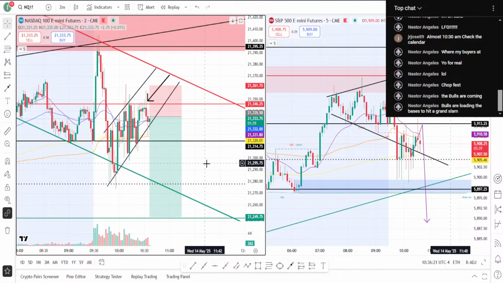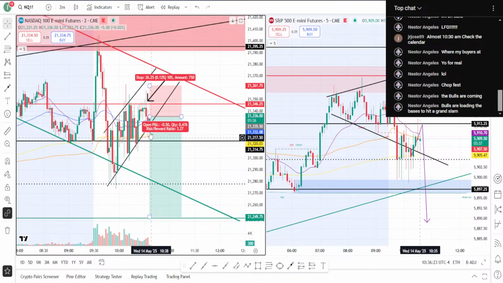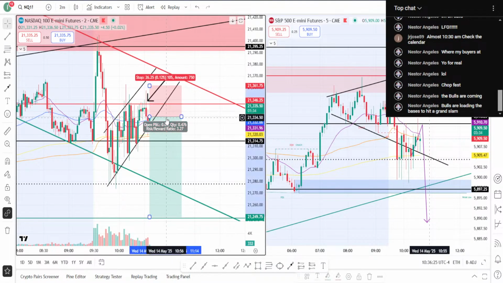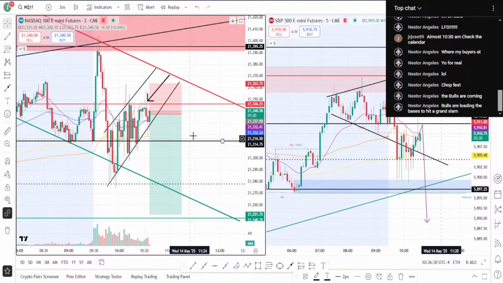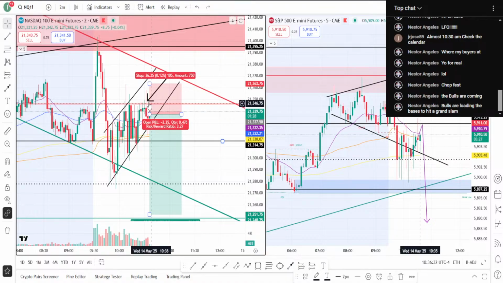It needs to accomplish a few things, right? For one, we need to get below this line right here. We need to hold below here.